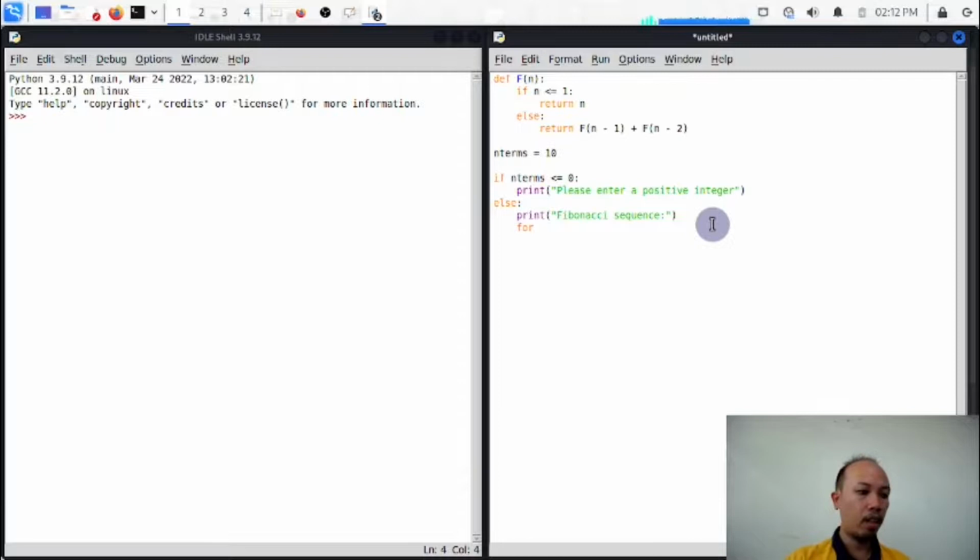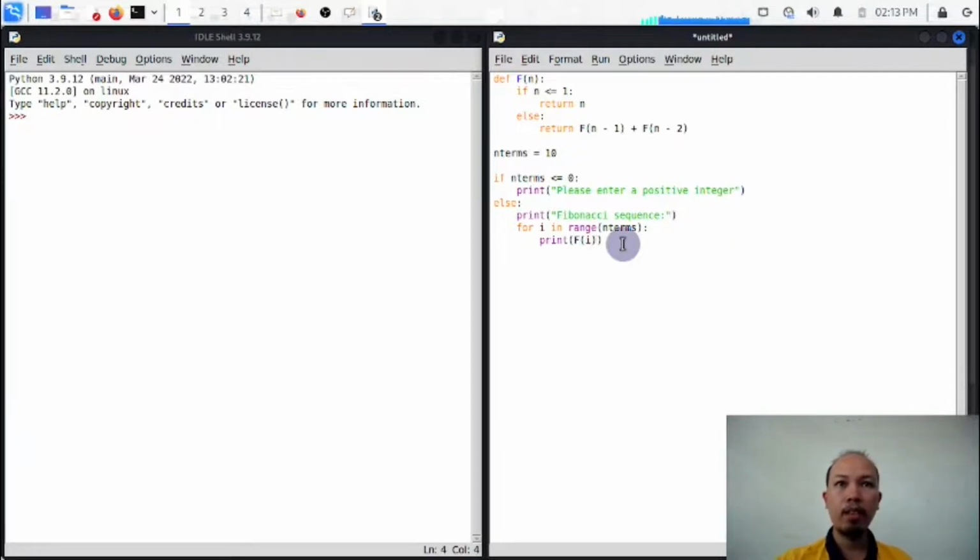For i in range n terms, we are going to print the sequence f of i.